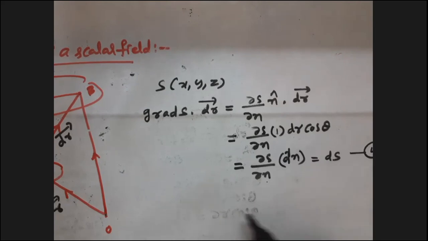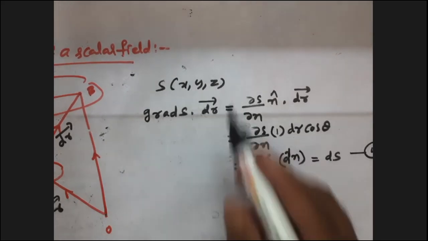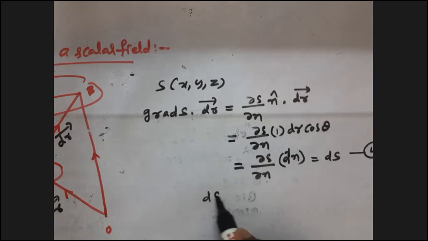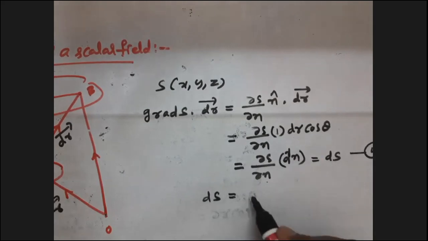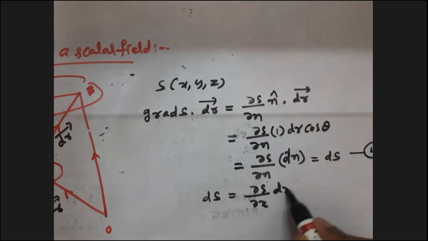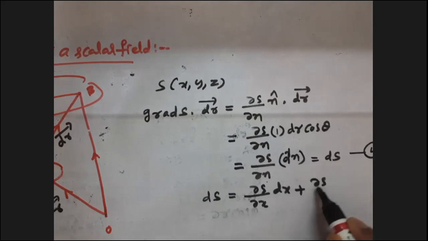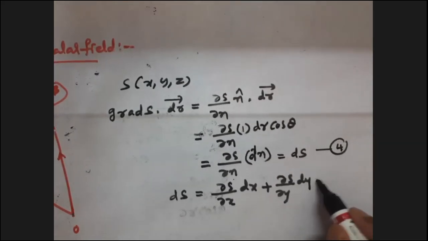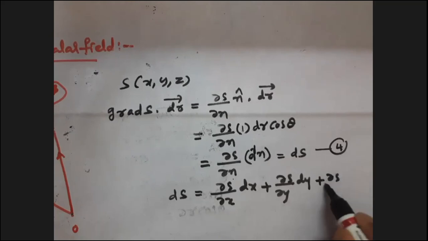Okay, since S is a function of x, y, z, ds can be written as ds equals dou S by dou x dx plus dou S by dou y dy plus dou S by dou z dz.